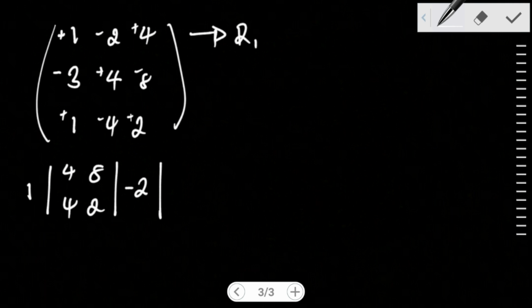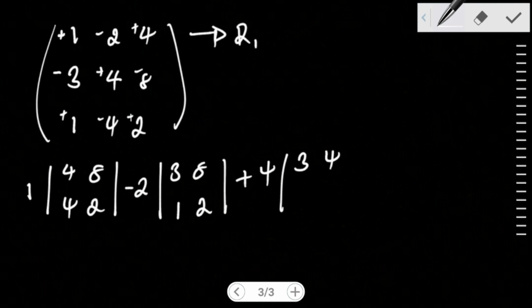And therefore, this is minus 2 into the determinant of 3, 8, 1, 2, plus 4 into the determinant of 3, 4, 1, 4.